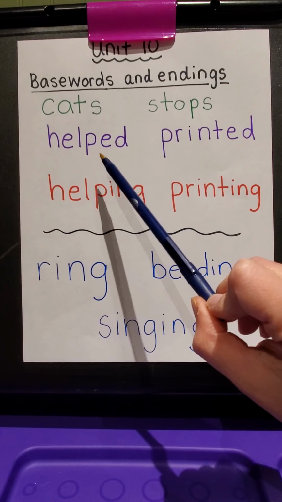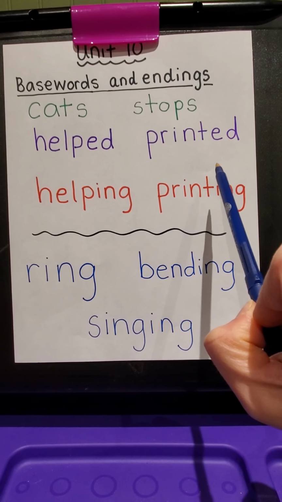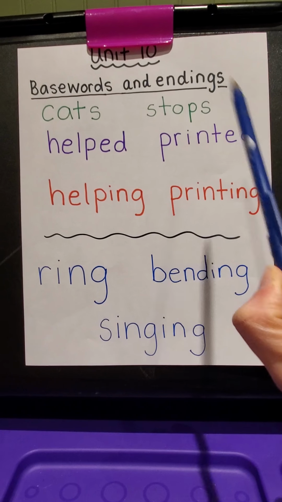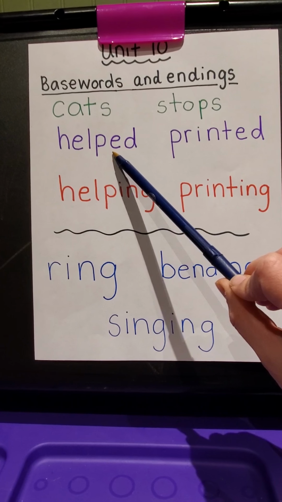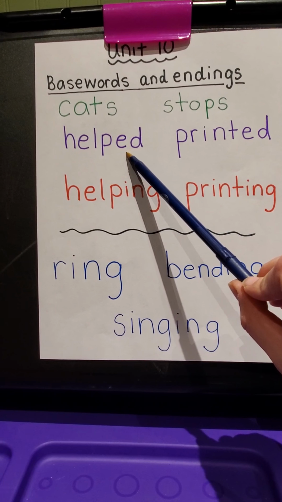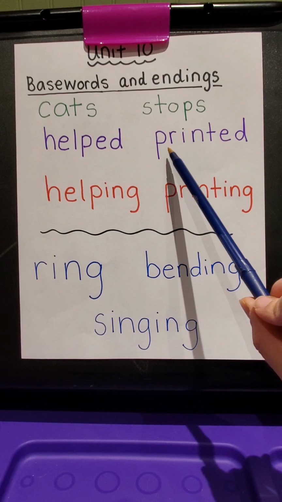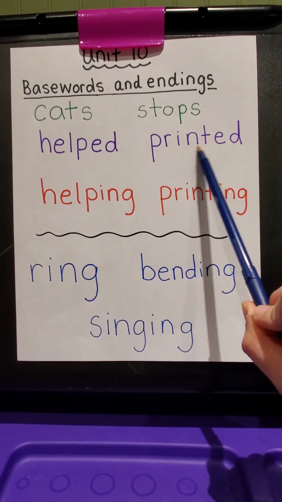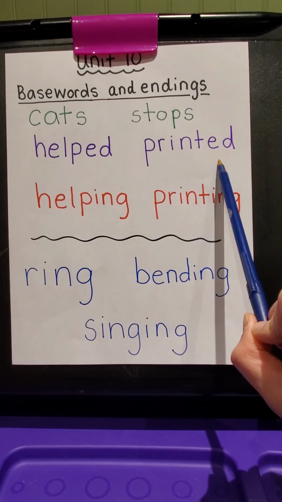Then we have base words with ED. We had talked about when we add ED, that means something happened in the past. The first word here in purple is helped. The base word is help, add ED, and it's helped. Then we have, this is a long one. The base word is print, then add ED, and it's printed.